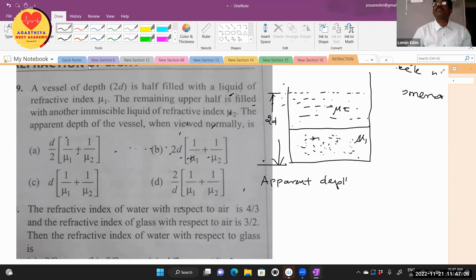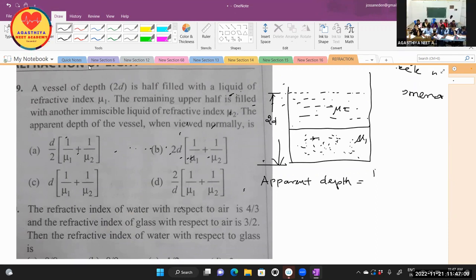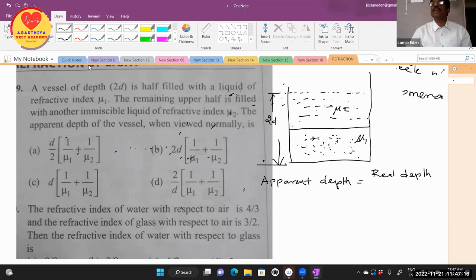Apparent depth is equal to real depth divided by mu. This is a general formula. This formula is applied for the two liquids.